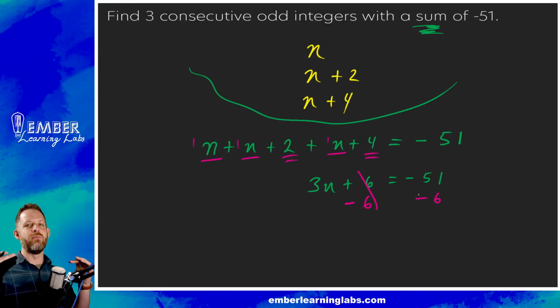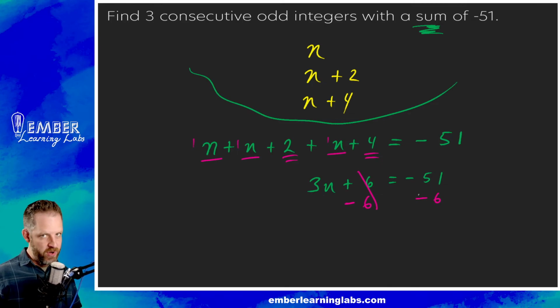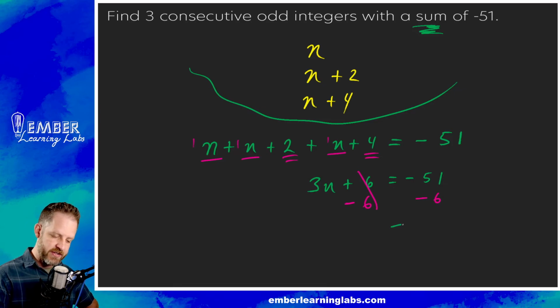And I know it sounds like I'm really making a huge deal about this, but this is a really common mistake and an easy one to do. Those negatives will get you in trouble. So watch out for those and don't let them get out of hand. All right? So negative 51 minus 6 is actually negative 57, right?